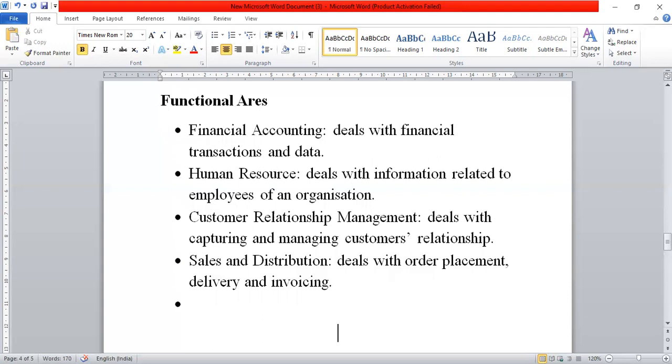Next functional area, logistics and warehouse management.